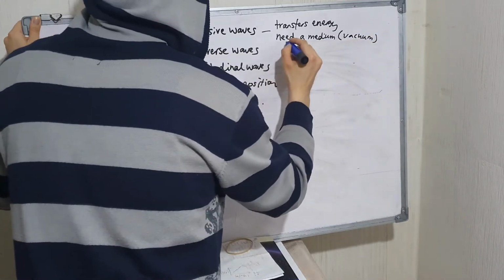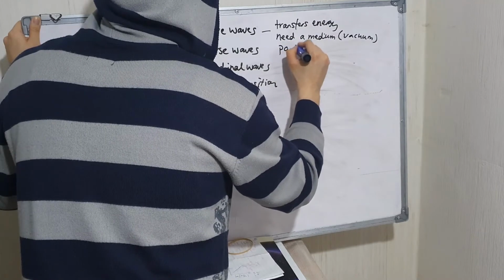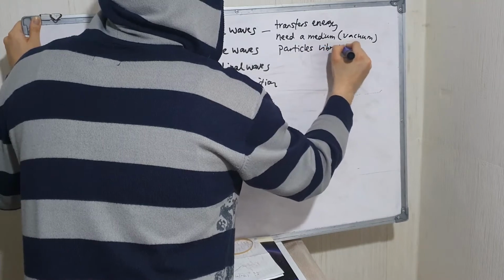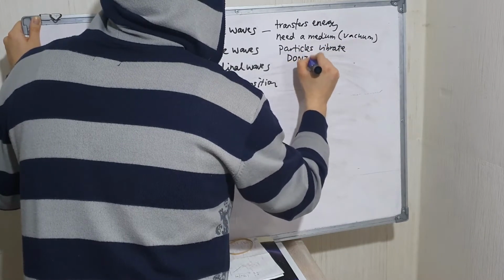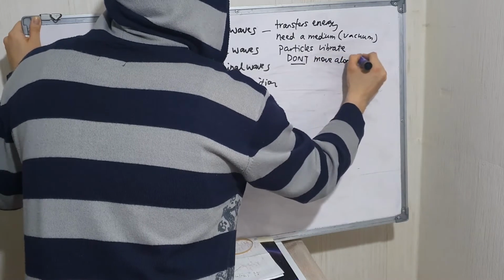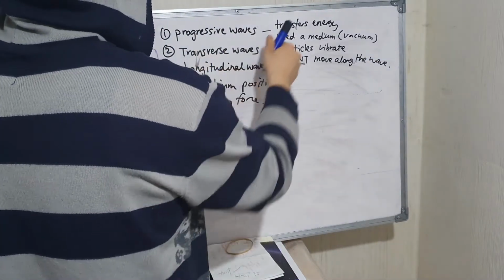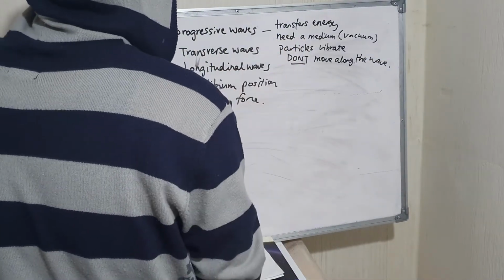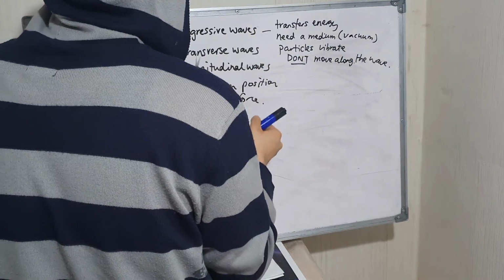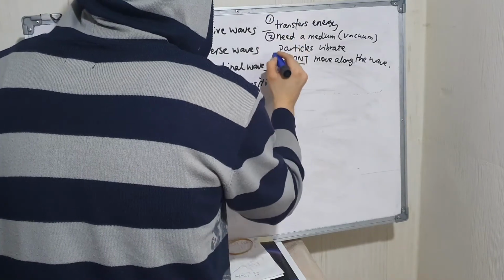And the particles vibrate, but they don't move along the wave. So the progressive wave transfers energy, it needs a medium, and in some cases a vacuum. The particles vibrate and they don't move along the wave. So that's number 1, that's 2, and that's 3.